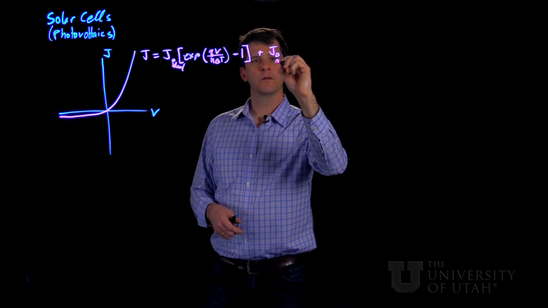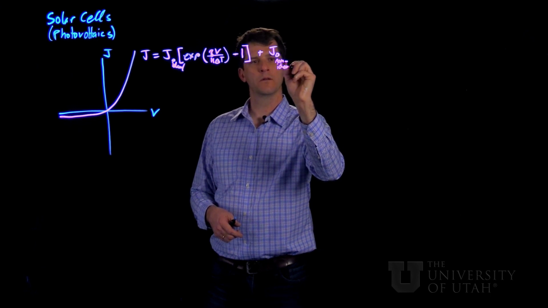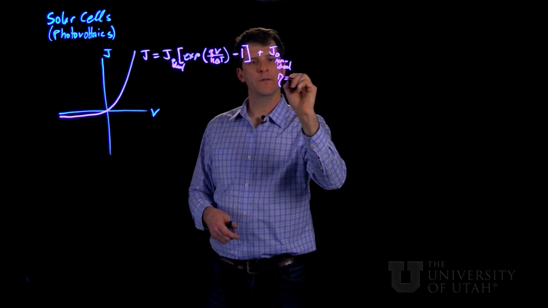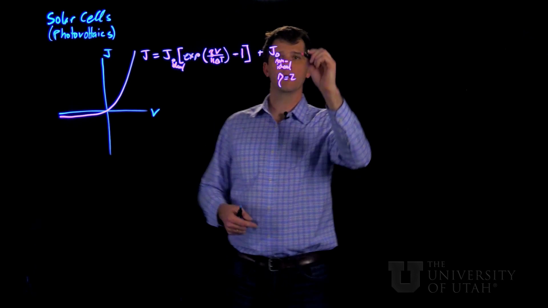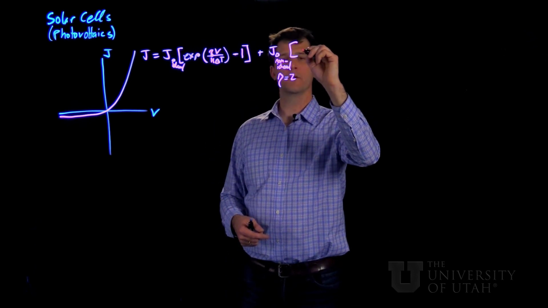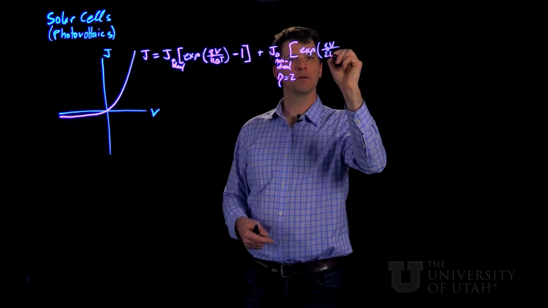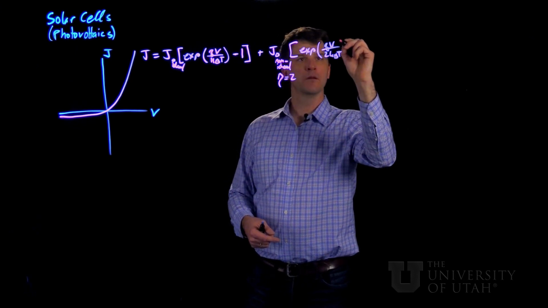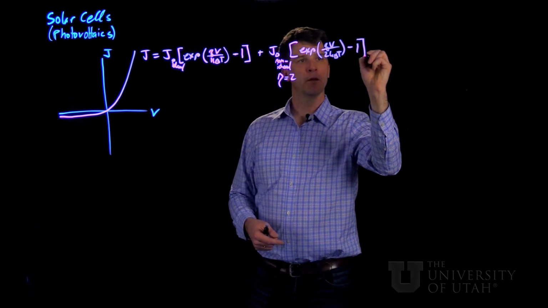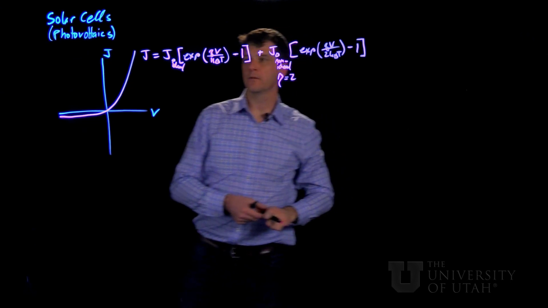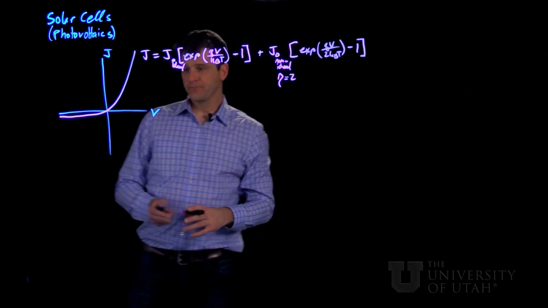So the so-called eta equals 2, recombination inside the depletion width, exp of qV over 2kBT minus 1. And I'll get around to why this is in a little while, why we need both parts.